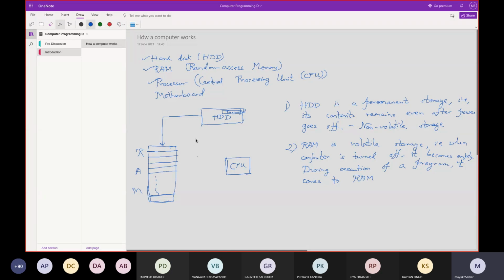So while executing, the program comes from hard disk to RAM, and the processor, that is the brain of the computer, executes the program from RAM.